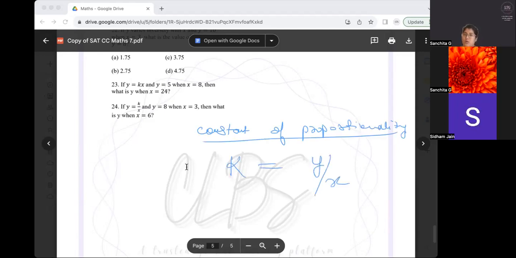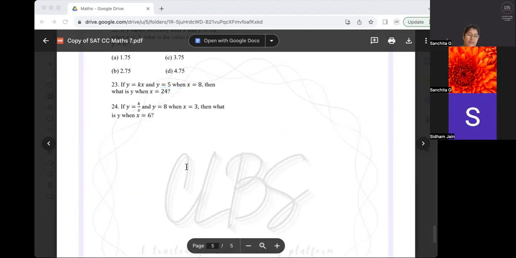Now if I have k is equal to y by x, then y by x is 5 over 8, and this has to be the same for 24 and y. Can I equate both constants of proportionality? Yes. That's how you also get your answer. Done. Use this method and you're good to go. Direct variation is clear?